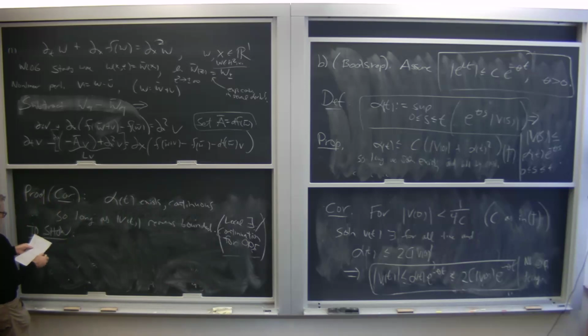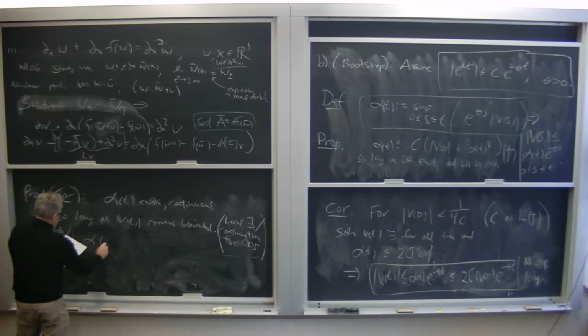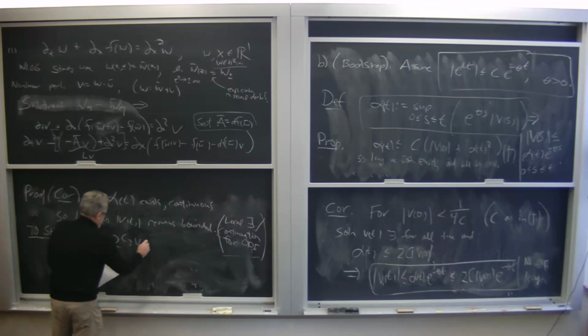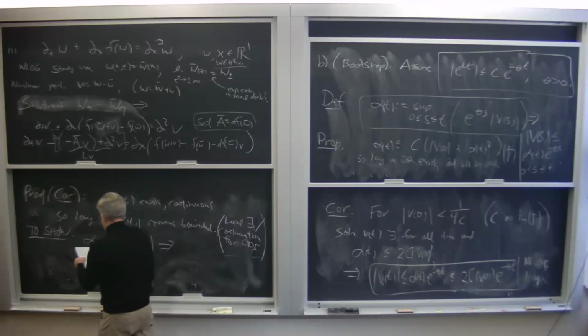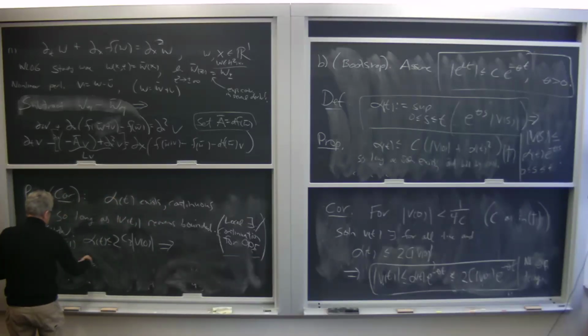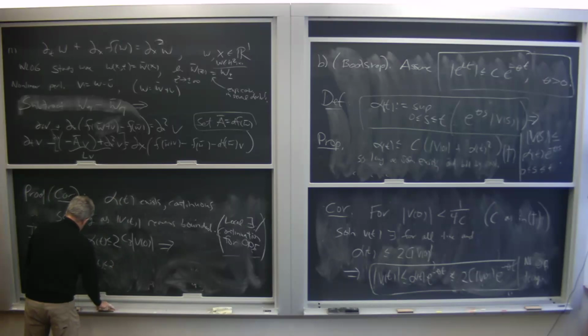That, okay, the basic driver is alpha of t less than or equal to twice C3 V of 0 implies, so 1 implies 1 prime. Alpha of t is less than or equal to 2.